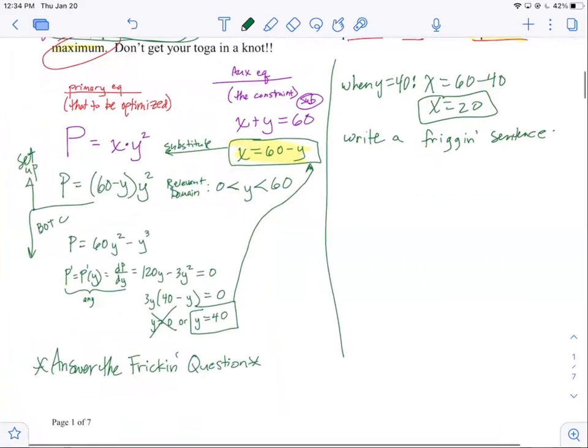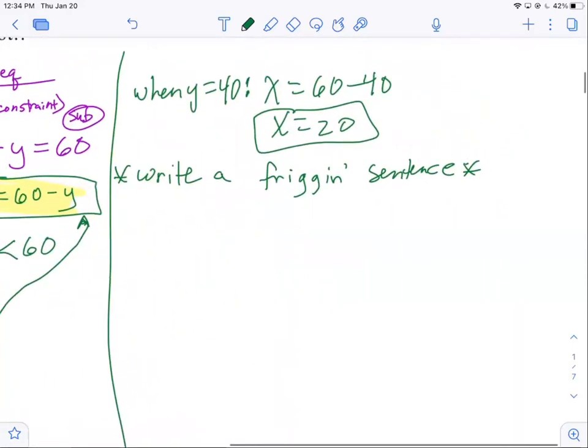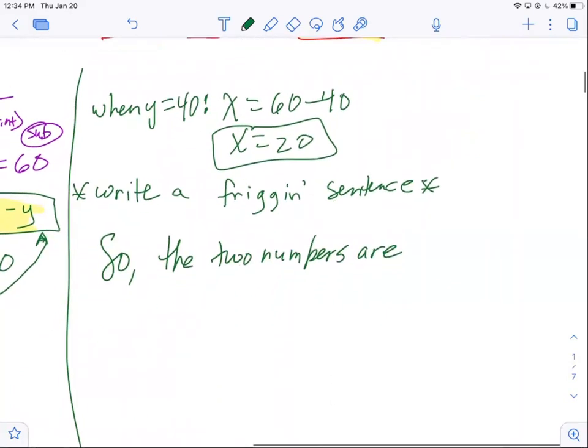So these are instructions. I'll put them in asterisk. Okay. And then again, a good transitional word to tell you that you're shifting gears is so. The two numbers are... Now, should I just say 20 and 40? Or does it really matter? Should I keep the labels attached to them?